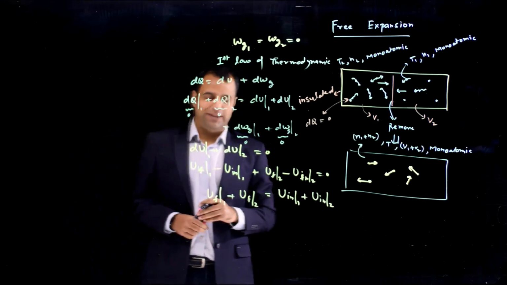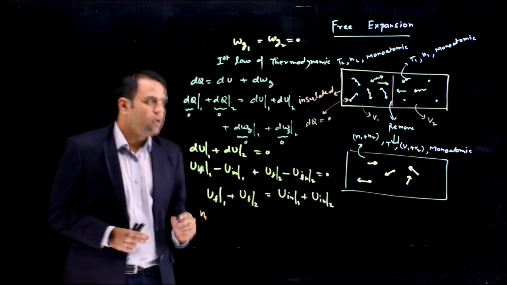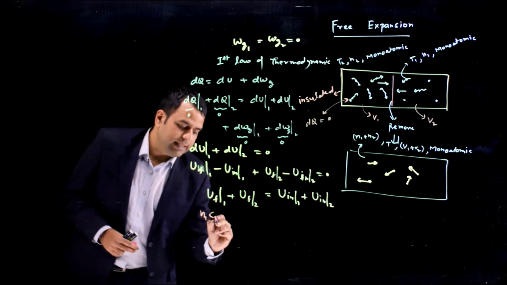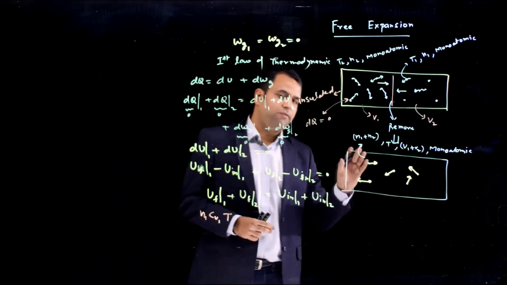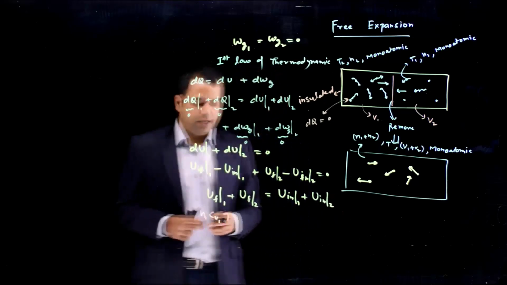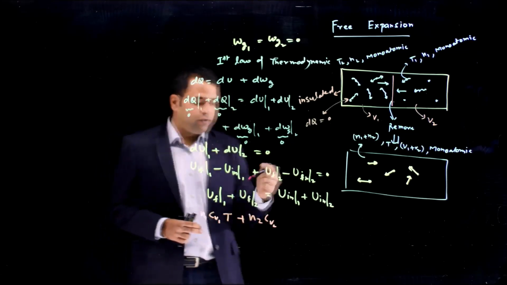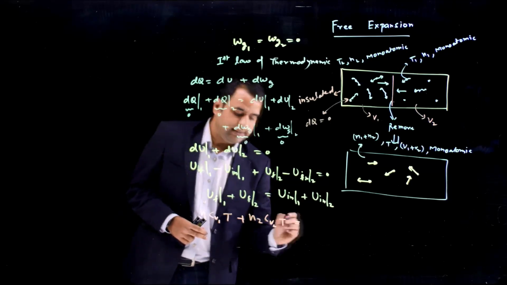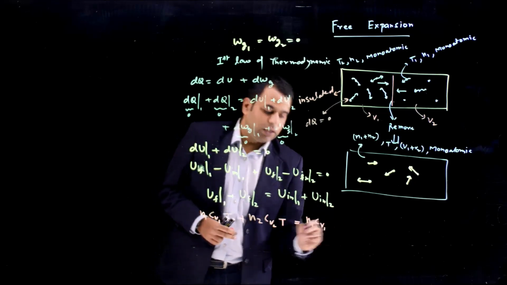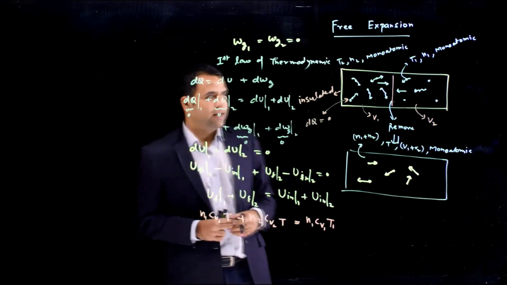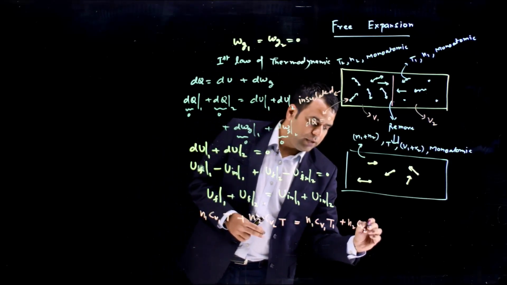We have a formula for internal energy, so let's write the values. The final internal energy for 1: the number of moles is N1, the specific heat CV1, into T, because the final temperature of the gas is going to be T, since at thermal equilibrium all the gas will have the same temperature, plus N2 CV2 T, is equal to the initial internal energy, N1 CV1 T1, corresponding to the temperature T1, plus N2 CV2 T2.